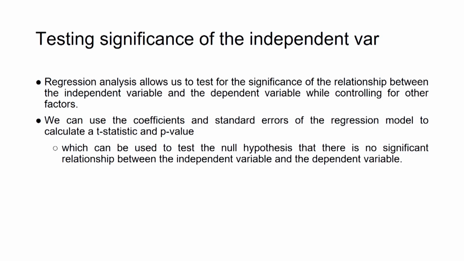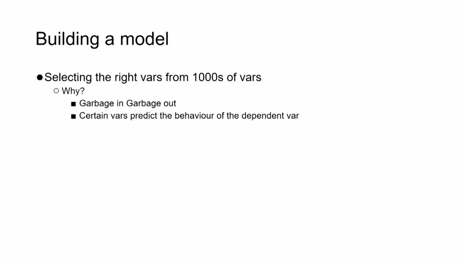Using these we can find out whether an independent variable is significant in our model or not. Significant in the sense of whether the response variable depends on this predictor or not. So, why are we doing this?